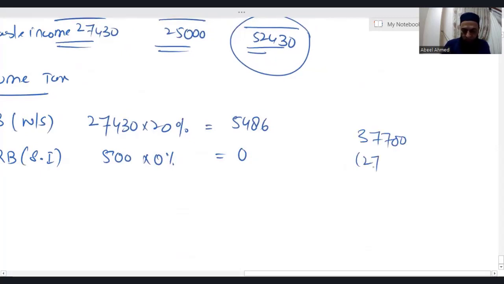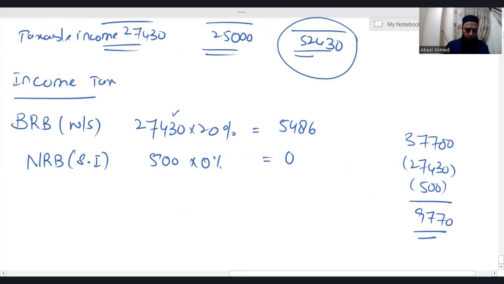Out of that, 27,430 is consumed in non-saving income. 500 we have utilized in the nil rate band. So how much is left? 37,700 minus 27,430 minus 500. I'm getting 9,770.